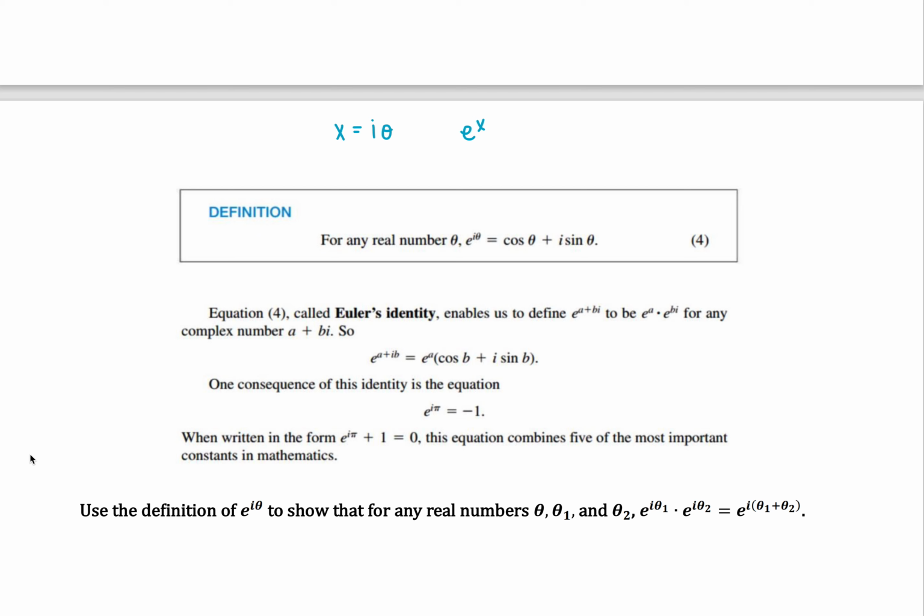So I'm going to start with e raised to the I times theta sub 1 times e raised to I theta sub 2. By definition, e raised to I theta sub 1 is equal to cosine, and I'm just going to call it theta 1 if you don't mind, plus I sine theta 1.